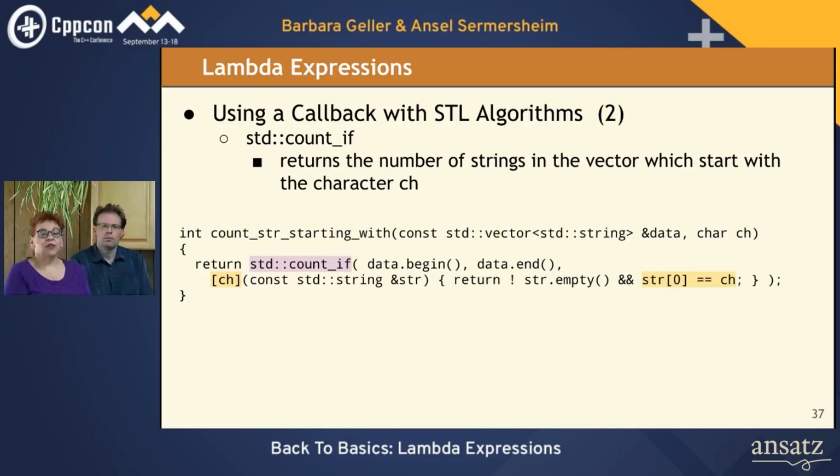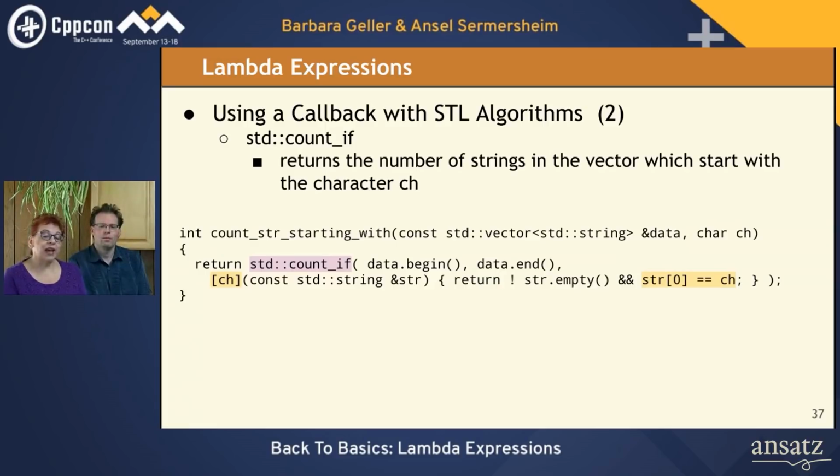So here's an example taking off from the last one. And again, now we're doing a capture clause. So our Lambda expression is going to capture the value of CH from that local scope. And in this example, we're going to check if str starts with the character that we want to match on. The closure returns true or false, just as it did before, and COUNTIF will return the number of matches.